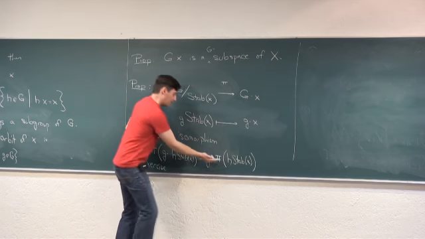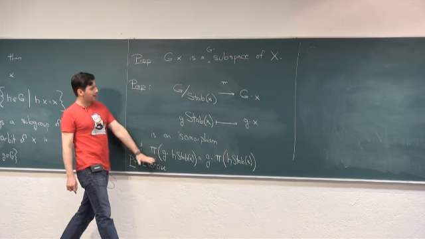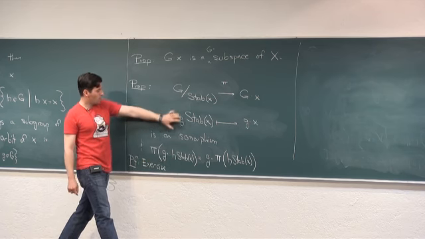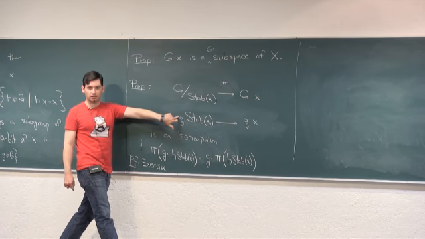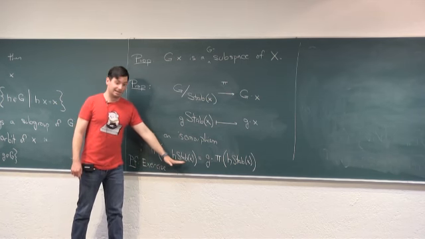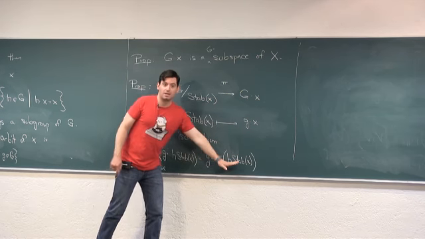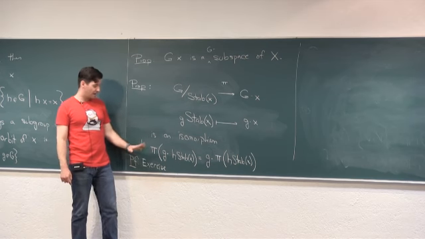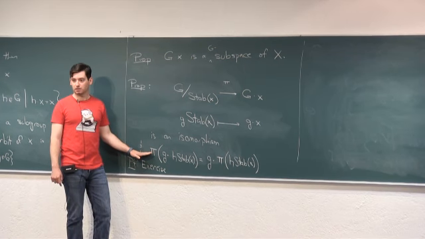So, as was asked, this is showing me that if I want to understand maps out of this, any orbit is of the form G times the identity coset. And if I have this property, that pi of G times any coset is G times pi of that coset, then this tells me that pi is completely determined by this property and its value at the identity coset.